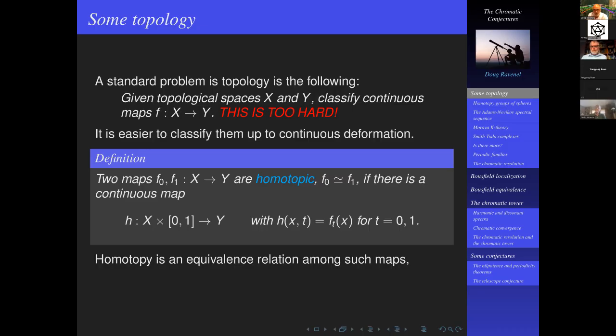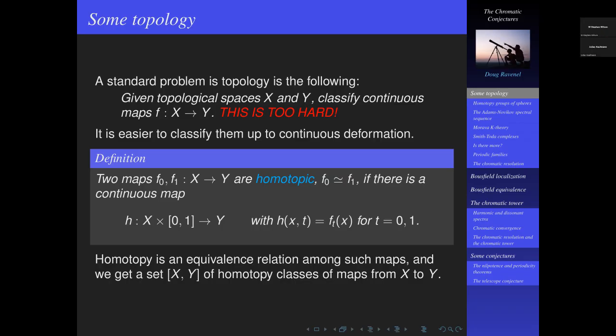So you can ask about the set of homotopy classes of maps from X to Y. And this is typically denoted by square bracket X comma Y. So that's the set of homotopy classes, maps defined up to continuous deformation in the sense that I've just defined.